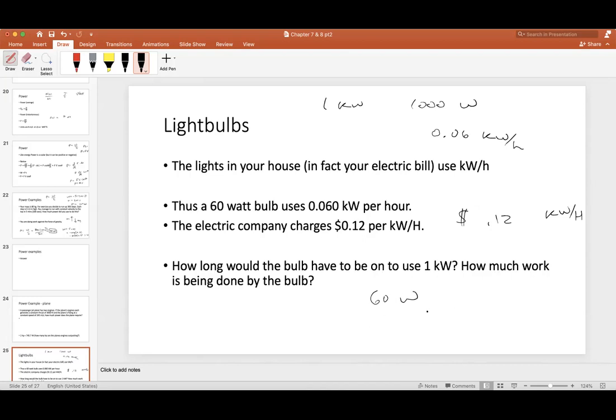So what I'm asking is how many hours it takes of this thing running to use a kilowatt? Or, 1,000 watts divided by 60 watts per hour is how many hours? Well, that's pretty easy. 16.7 hours. If you ran a 60-watt light bulb for almost 17 hours, you would use 1 kilowatt and they would charge you 12 cents.